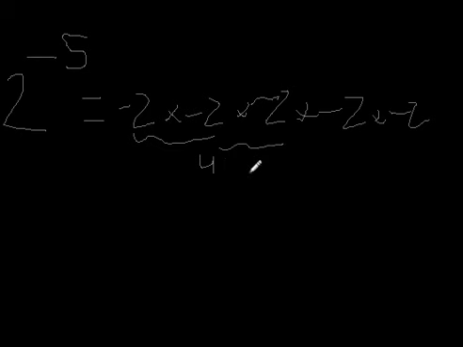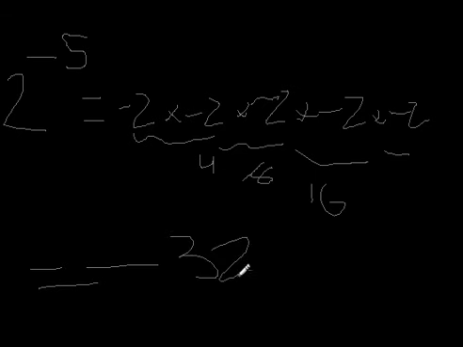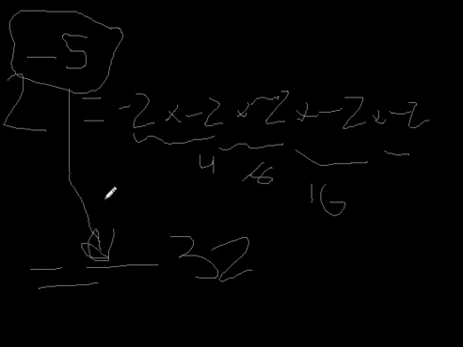Positive 4 times negative 2 is negative 8. Negative 8 times negative 2 is positive 16. Positive 16 times negative 2 is negative 32. See the difference? Whenever you have an odd exponent, you have a negative number. When you have an even exponent, you have a positive number.